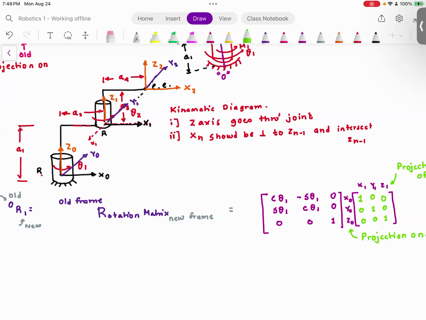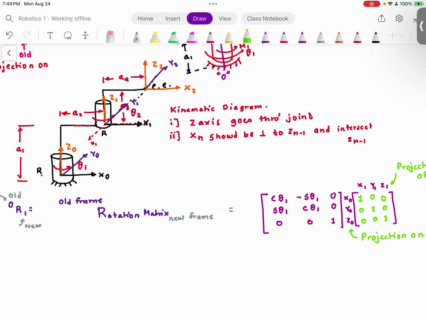Why? Because when I chose X1 towards right, it aligned with X0. And that's why I have positive 1. You see this? If I would have selected X1 in the opposite direction, this would have been negative. Everyone understood this? So in this particular problem, we could use some judgment and minimize our work.